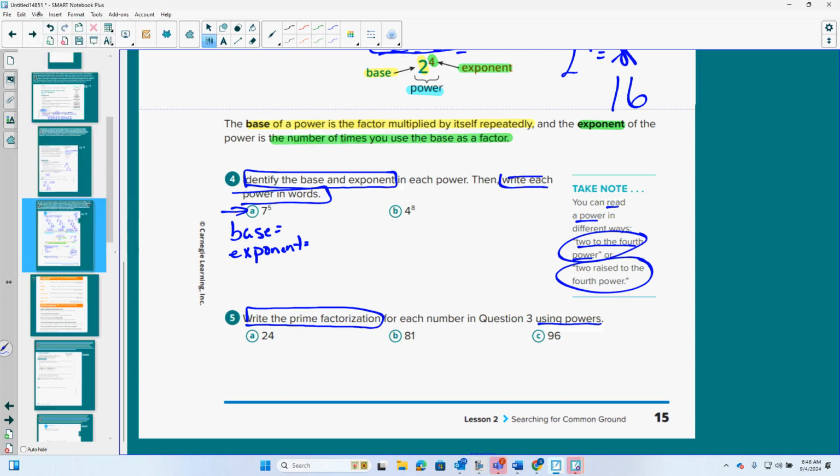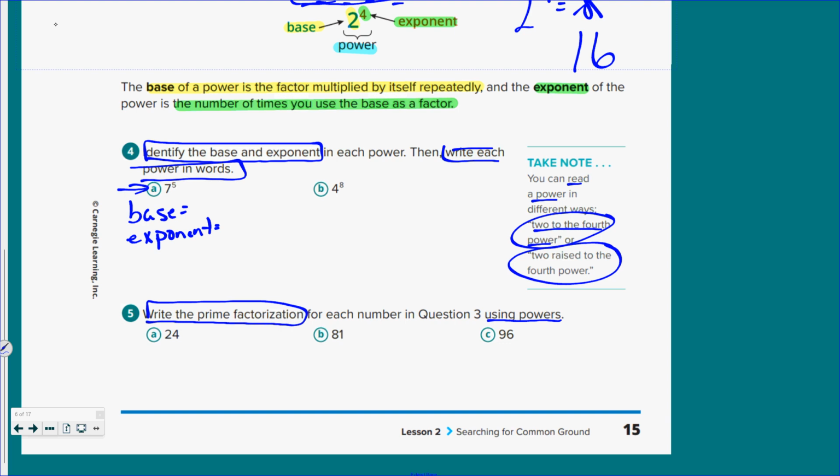On this one, there were 2 parts. So for part A, my base was 7, my exponent was 5. Then I need to write it how I would say it. So this would be 7 to the power of 5, or 7 to the 5th power, anything like that. There's a lot of ways you can do the saying part.